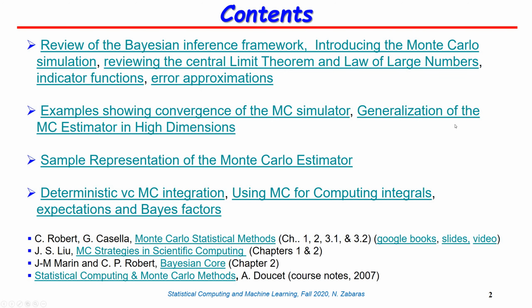We will review first why we need approximations like Monte Carlo methods, and we will go back to review some of our fundamentals in Bayesian inference and see where Monte Carlo methods can be helpful. We will discuss Monte Carlo estimators and their convergence properties, and some of their limitations in high dimensions.